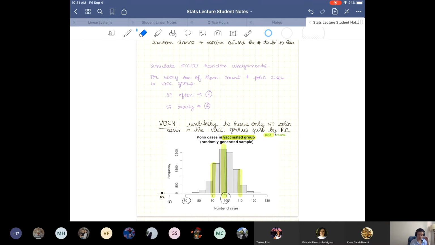And what we've shown here is that that's really, really unlikely. Because it's that unlikely, our original assumption, that the vaccine doesn't work, goes out the window. It's not an explanation anymore. Does that make sense? I think so.